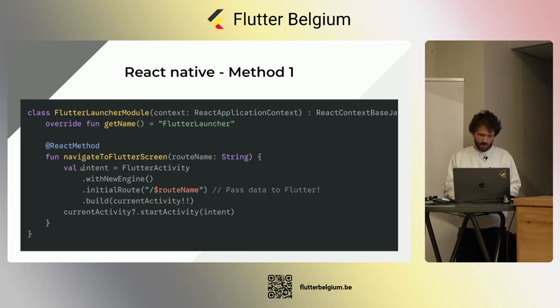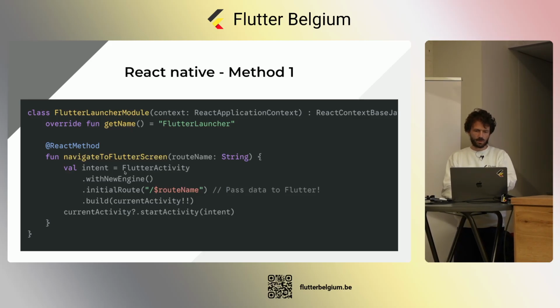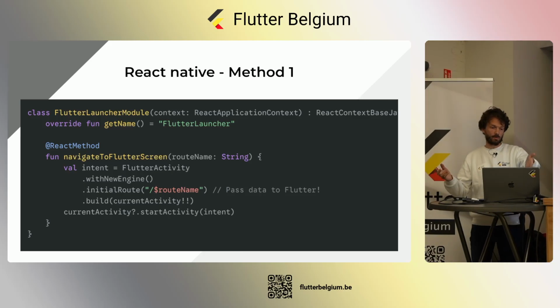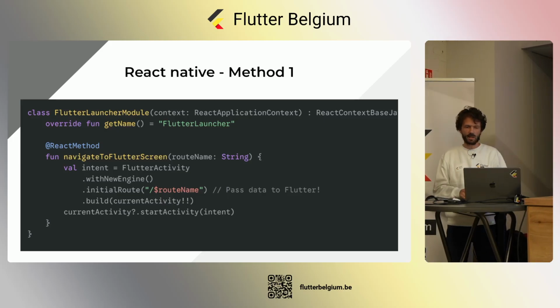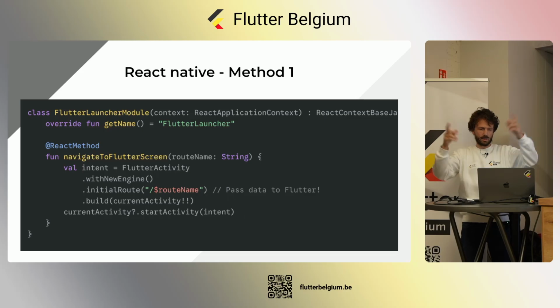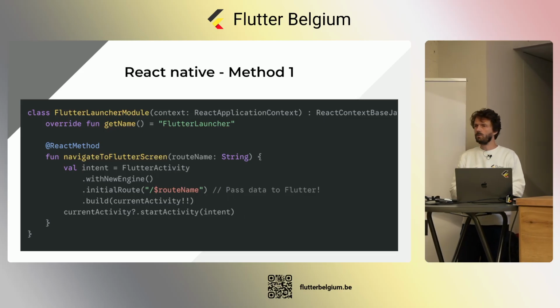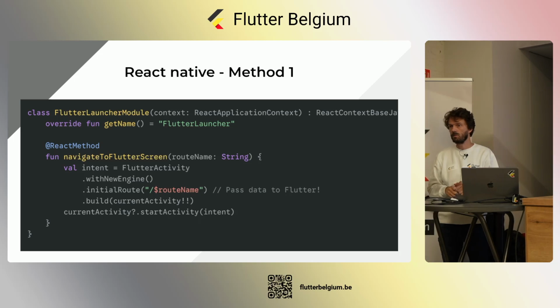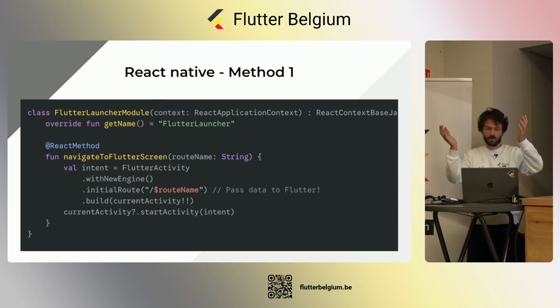And here, what is it doing? It's just starting a Flutter activity, which means maybe somebody pressed a button in React Native and you suddenly see a full screen Flutter. That's possible, but it has some downsides. Yeah, it's a full screen. It's an activity.